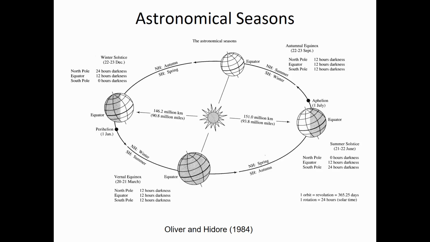is tilting. During what we have as our summer in the northern hemisphere, more of the top of the globe is tilted towards the sun, and that's why it feels like summer to us: we have more solar radiation being absorbed by the northern latitudes.